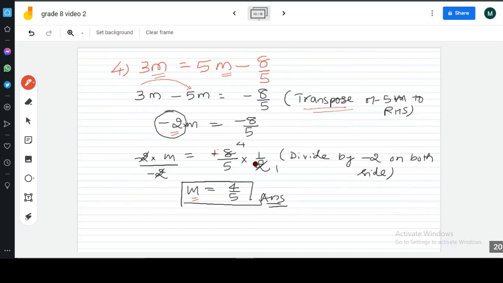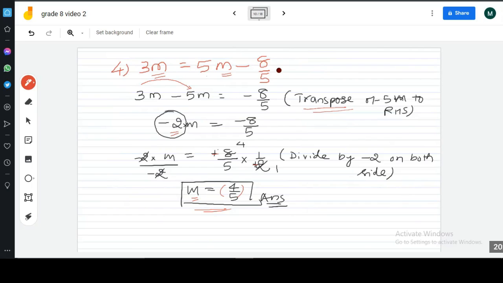So this minus and this minus will get cancelled, it will make the product positive. So here we simplify this 8 and 2, 2 fours are 8, so that we have the value of m equal to 4 upon 5, which is nothing but again the solution of a linear equation in one variable having the variable on both sides.